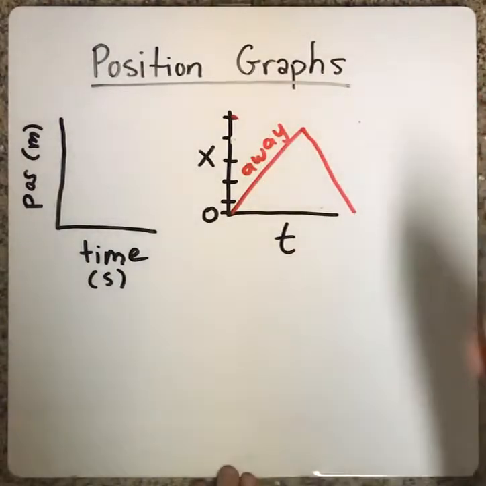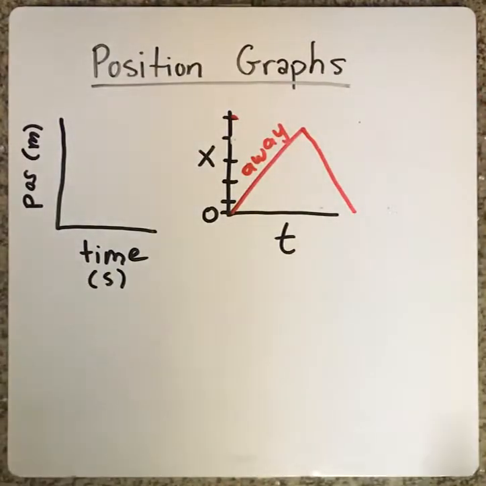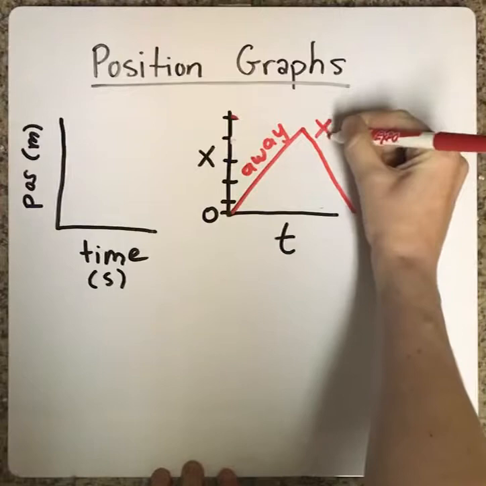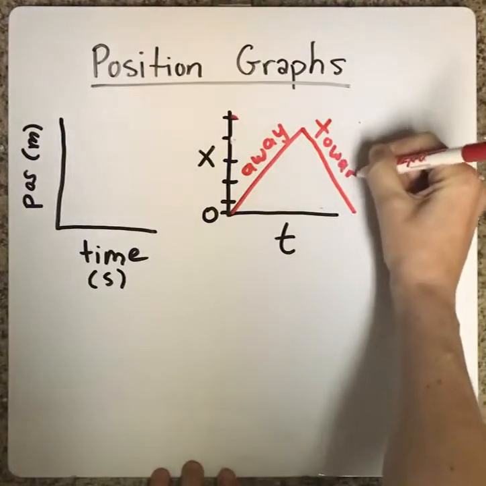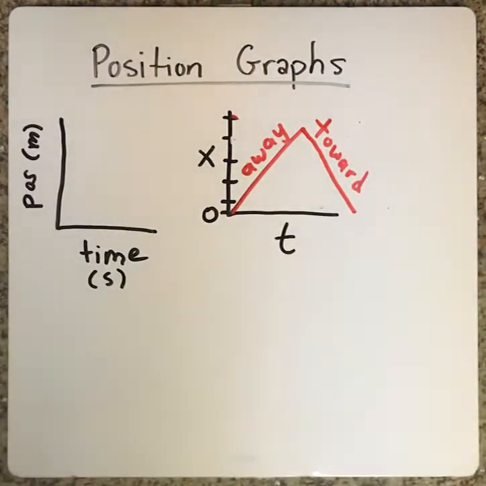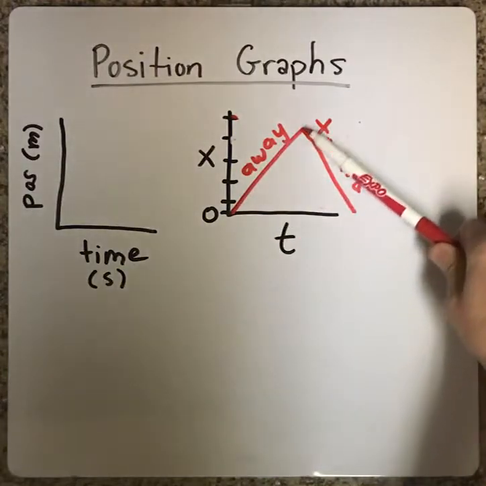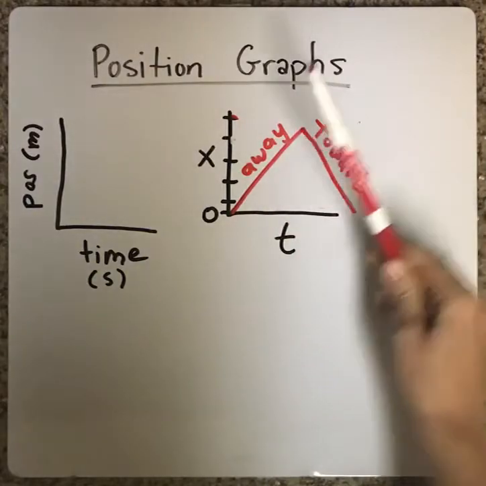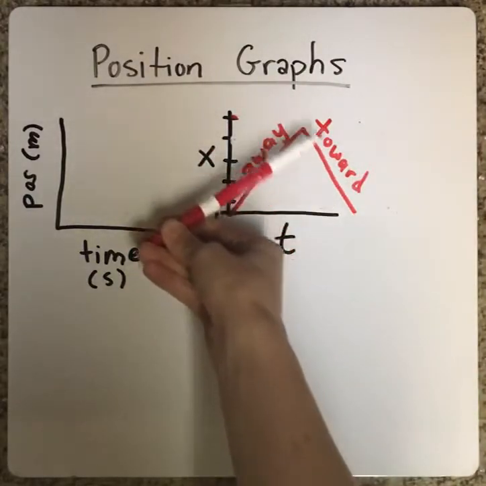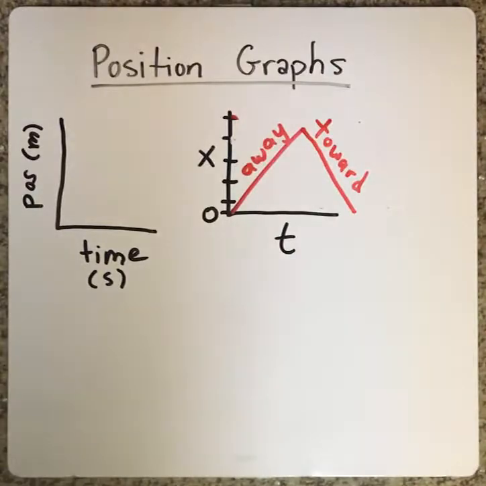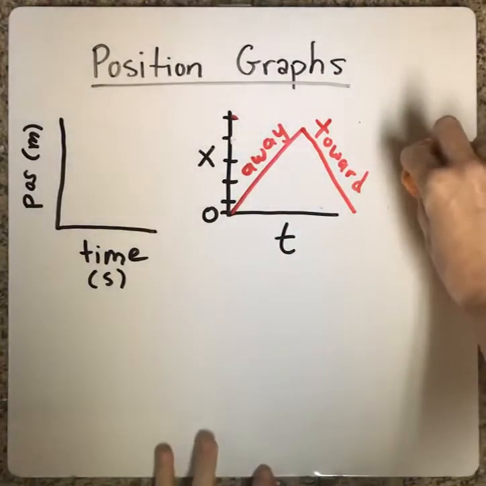When the graph comes back down, or you have a negative slope, this means that you are coming toward the reference. Now, if you're just looking at the signs, that means that positive slope means away and negative slope means towards. That's something you just need to remember.